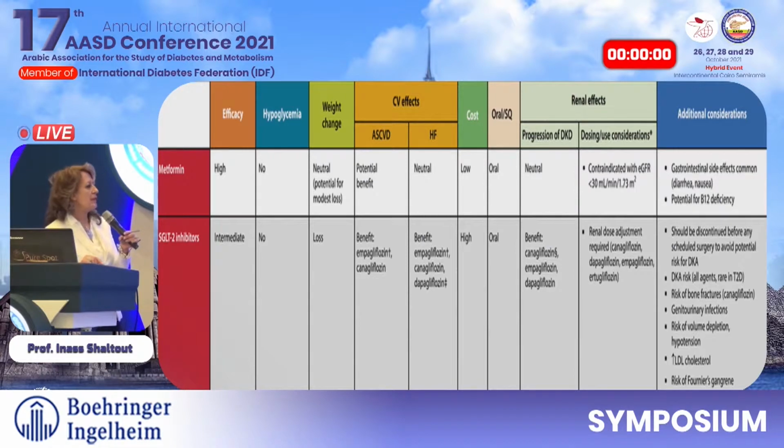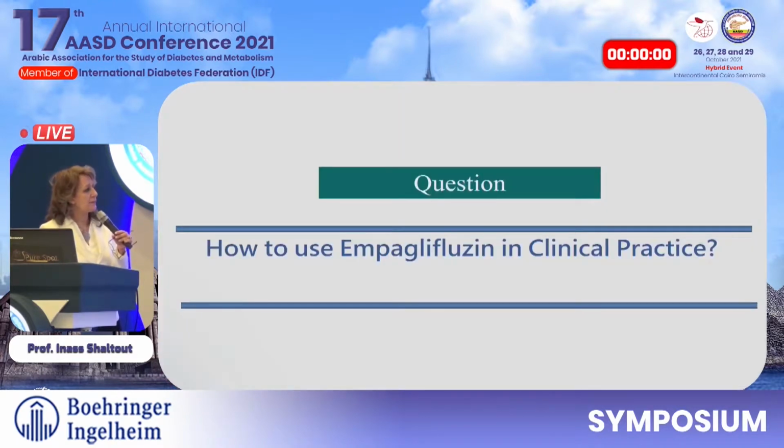For cardiovascular effects on atherosclerotic cardiovascular disease, the benefit is with empagliflozin and canagliflozin, and on heart failure, the benefit is with empa, cana, and DAPA. And for progression of chronic kidney disease, the benefit is with cana, empa, and DAPA.